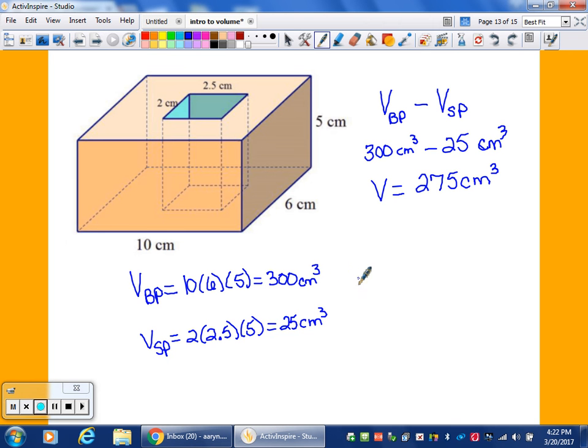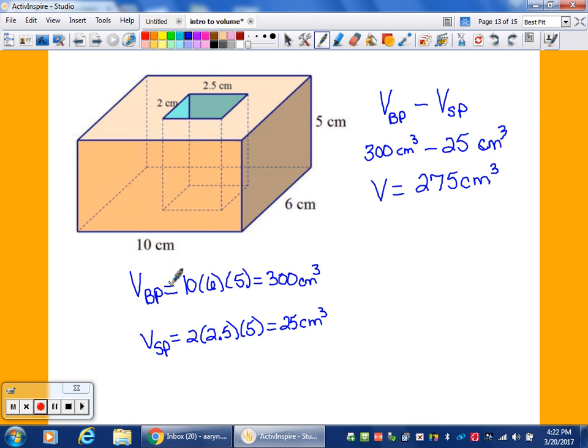Ooh, let's take a look at this one. Instead of adding here, I need to subtract because this rectangular prism in the middle is hollow, meaning it's not part of the pink area. So, in order to get the volume of the pink portion, I need to find the volume of the big prism and subtract off the volume of the small prism.